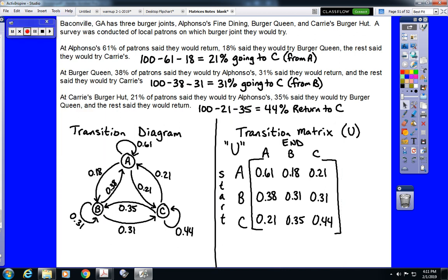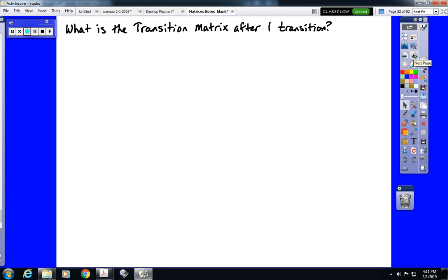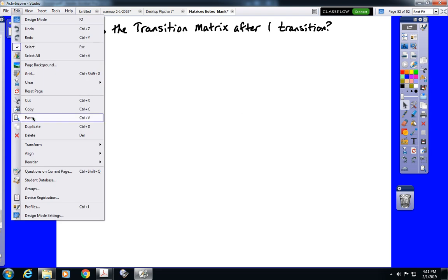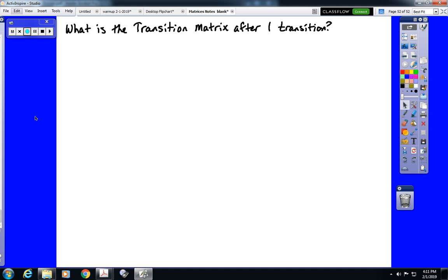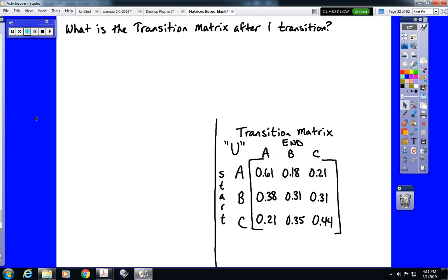So, if we want to know what that transition matrix looks like after one transition, it's going to take me a second to get this where I want it. Okay, so here we have matrix U. We don't need A, B, and C. We don't need those labels.